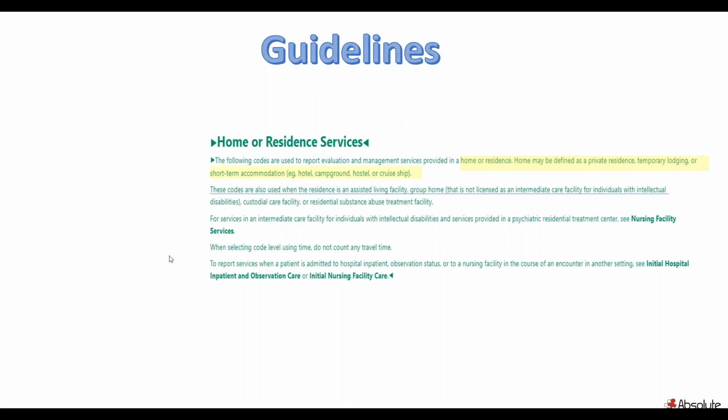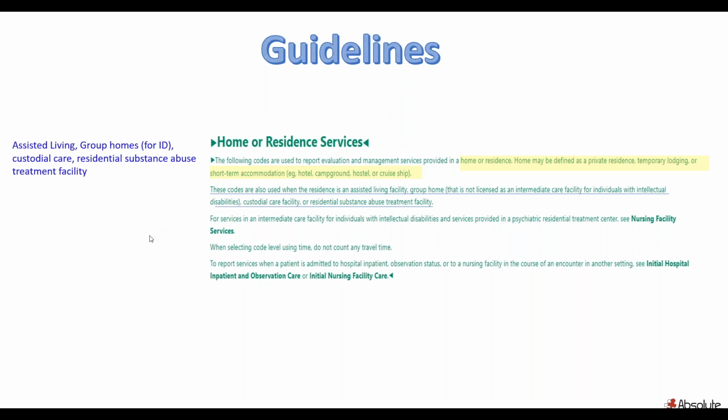These codes are used when the resident is in an assisted living facility, group home that is not licensed as an intermediate care facility for individuals with intellectual disabilities, custodial care facilities, or residential substance abuse treatment facility. So that is very important.